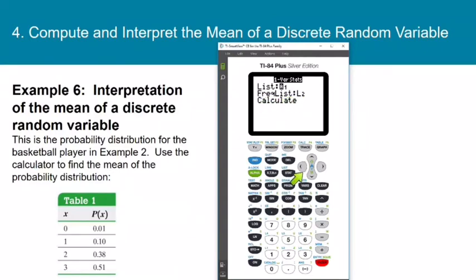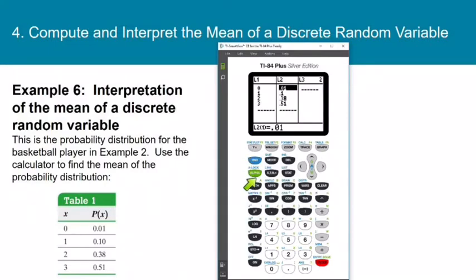So now I can just arrow down to calculate and press enter. And there is the mean of our probability distribution. And you would actually round this to 2.4 because our outcomes had 0 decimal places. Therefore, our mean should have 1 decimal place. So we would round this to 2.4.